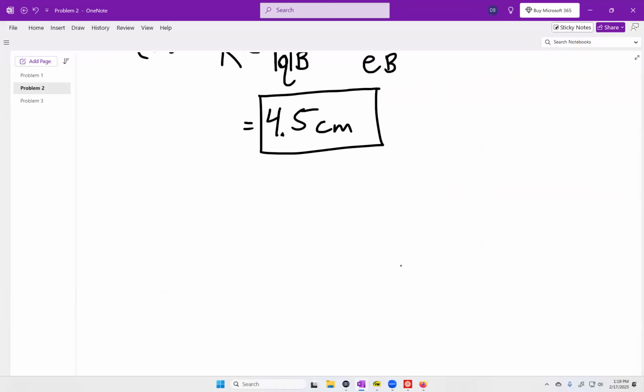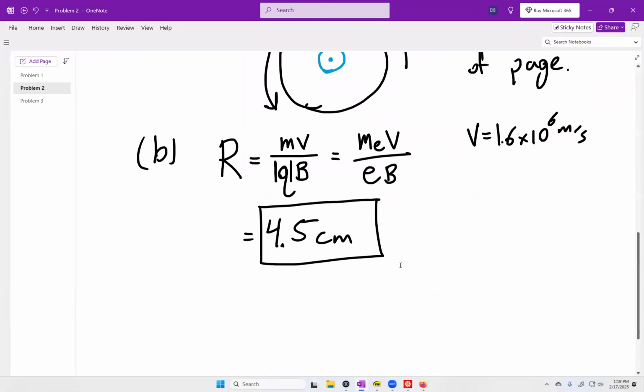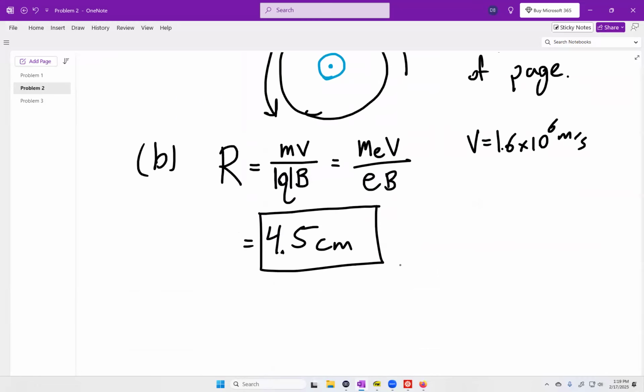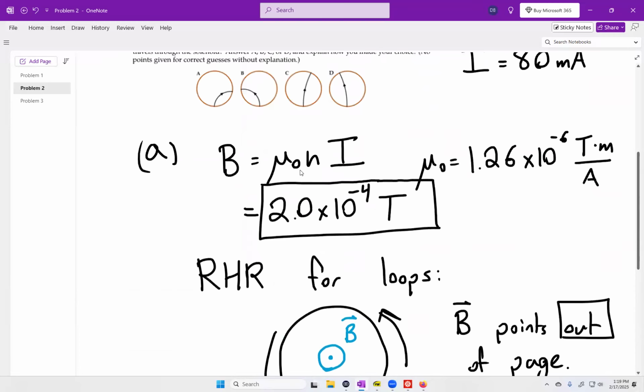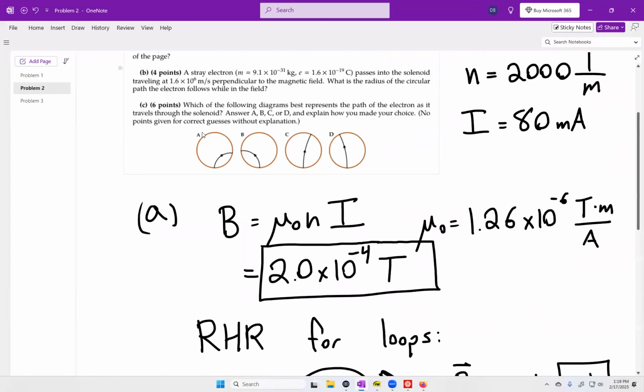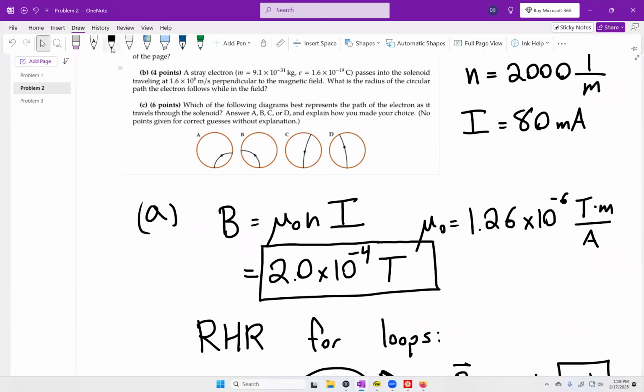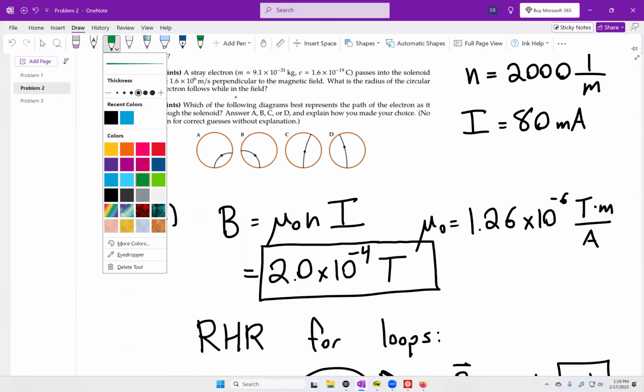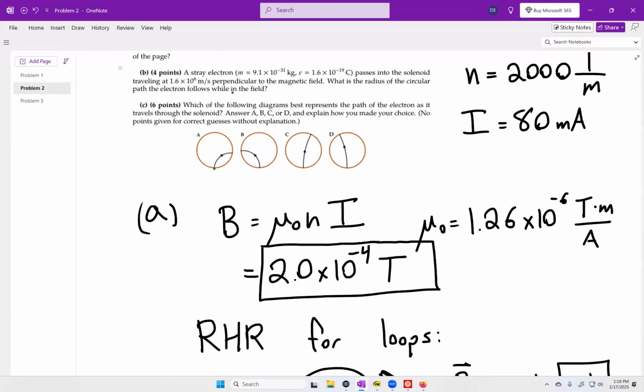And for this, we can use our right-hand rule for the force on a moving charge, right? The right-hand rule for the cross product. Okay, so in all the pictures, notice the initial velocity of the electron points up, right? It's entering the solenoid from the bottom, moving up.